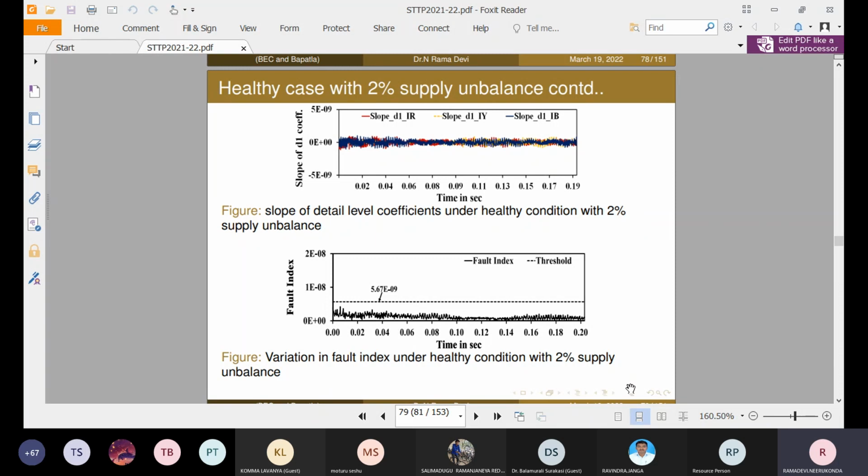So even though the supply has certain unbalance, the fault condition is not detected here because it is a healthy condition of the system.